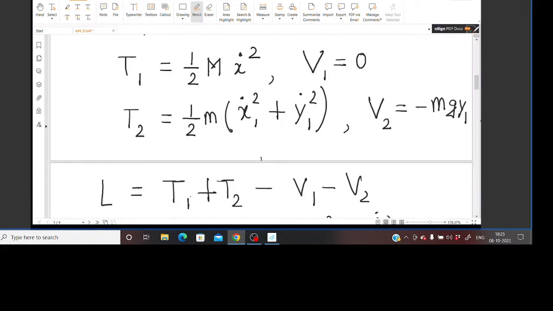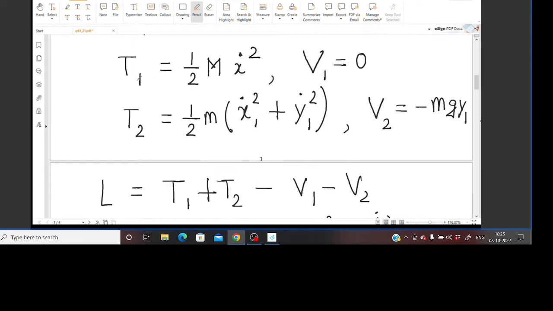The Lagrangian of the system is equal to T1 plus T2 minus V1 minus V2, where T1 and T2 are the kinetic energies of the masses M and m respectively, and V1 and V2 are the potential energies of the masses M and m respectively.